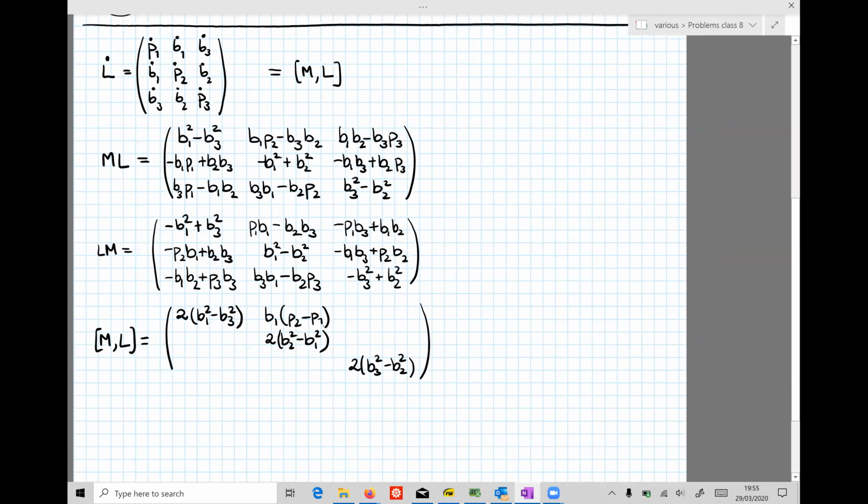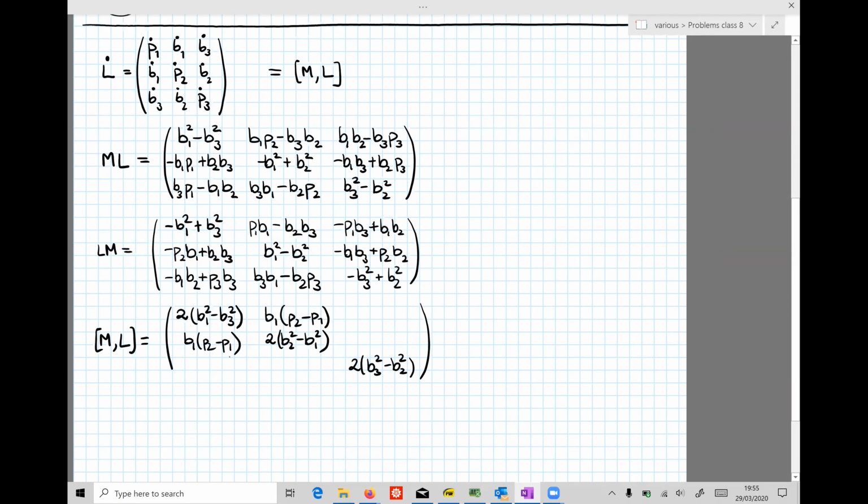Good. Let's check 2,1, which should give the same result because we expect the matrix to be symmetric. Again the terms involving two B's cancel out, and we get B1 times P2 minus P1.